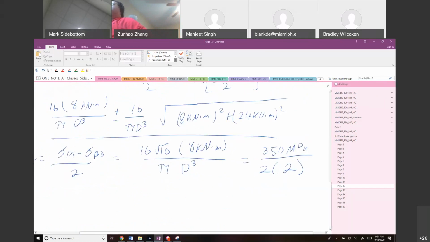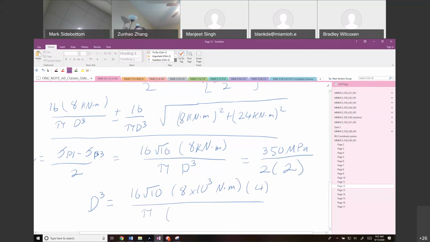If we rearrange everything, our diameter cubed would be equal to 16 times radical 10 times 8 times 10 to the third newton meters times 4, divided by pi times 350 times 10 to the 6th newtons per meter squared.